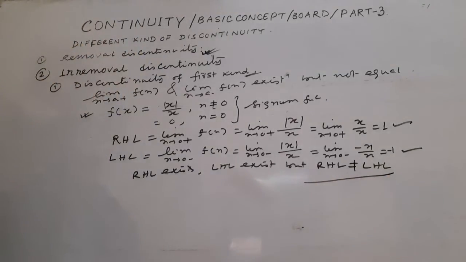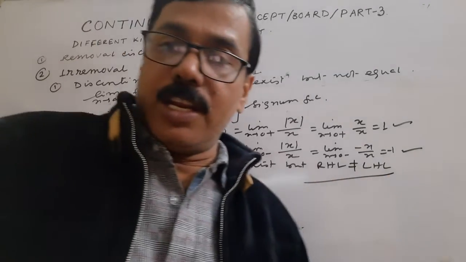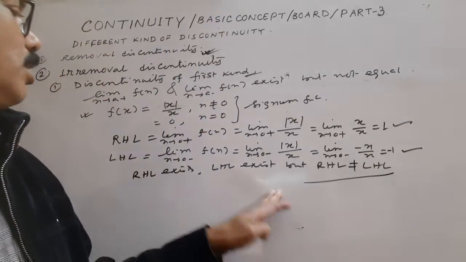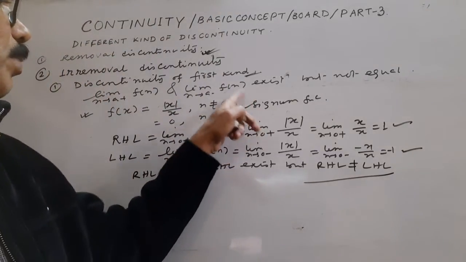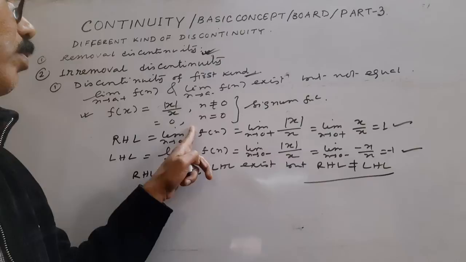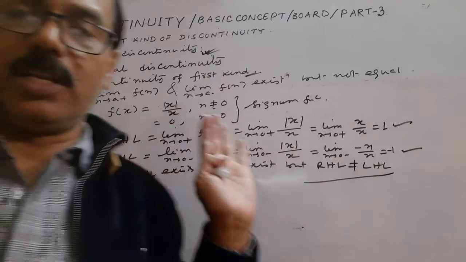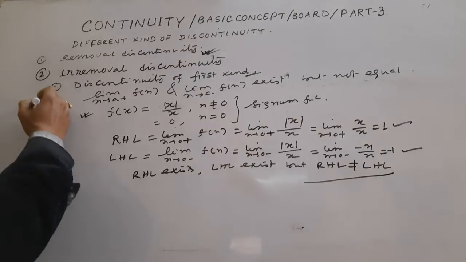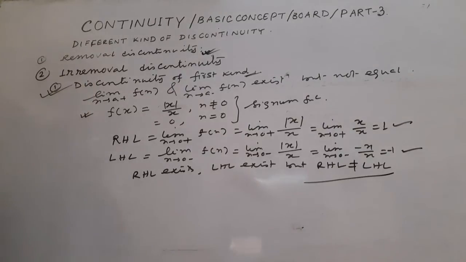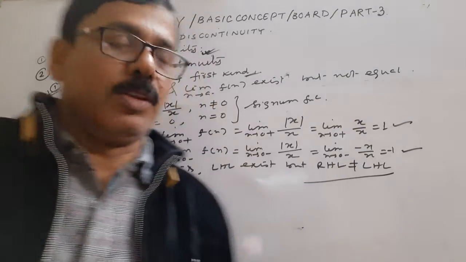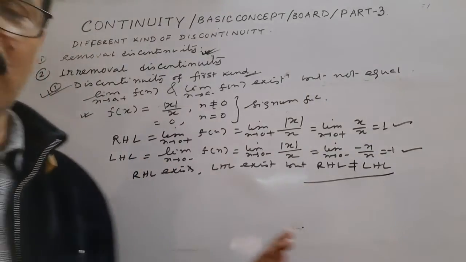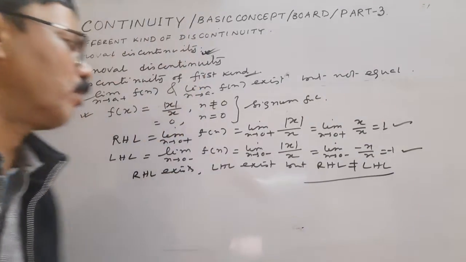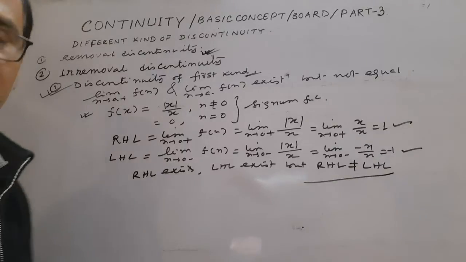So you cannot make it continuous by changing the definition of f(x) at x equals to 0. That is why it is called irremovable discontinuity. This is irremovable discontinuity of first kind. So if you only know the definitions, then problems will be very, very simple.